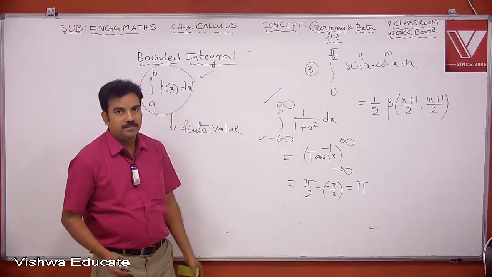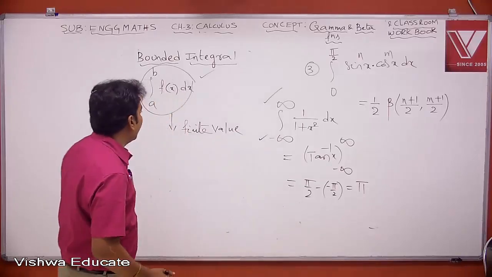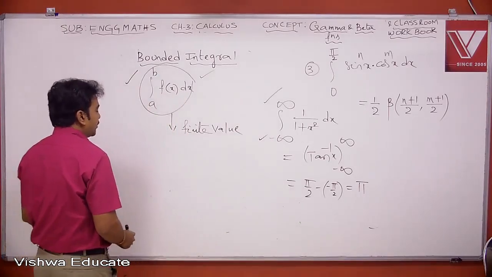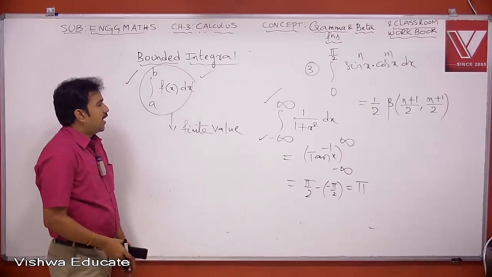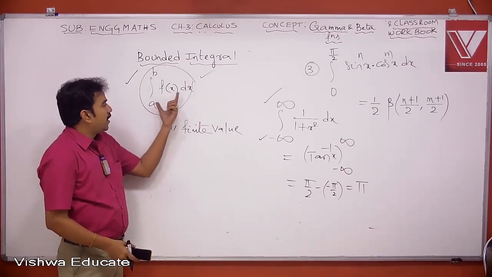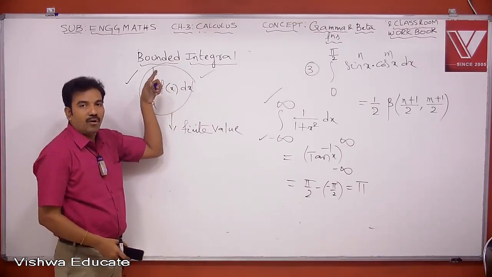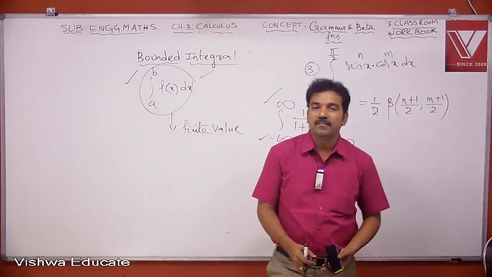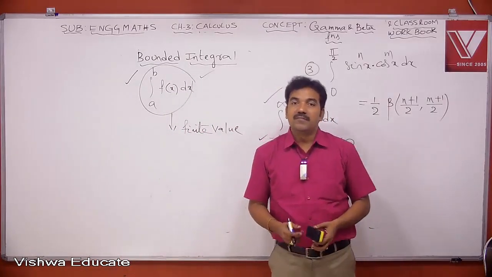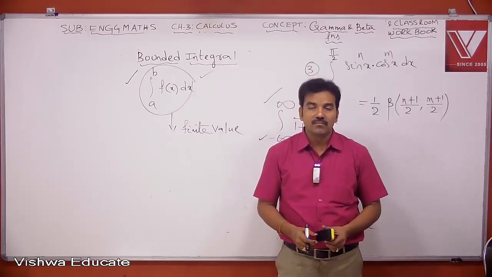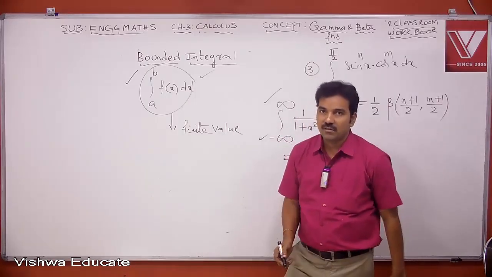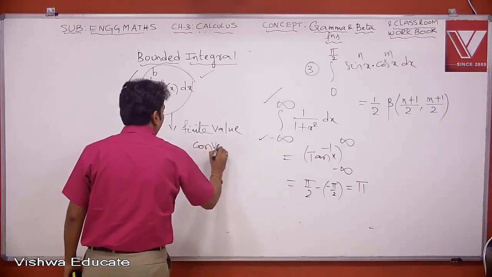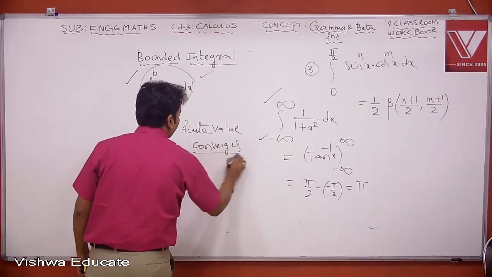An integral a to b f of x dx is said to be bounded if it gives a finite value, or if it converges to a finite value.